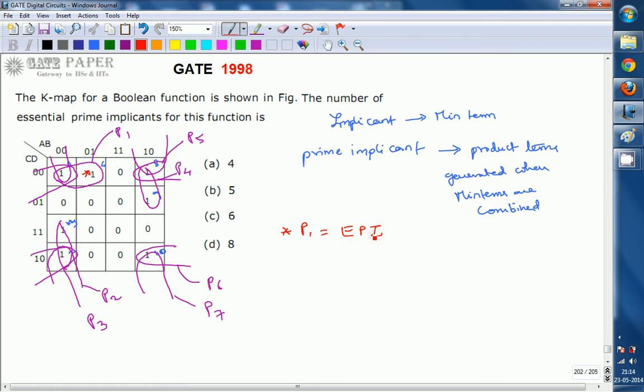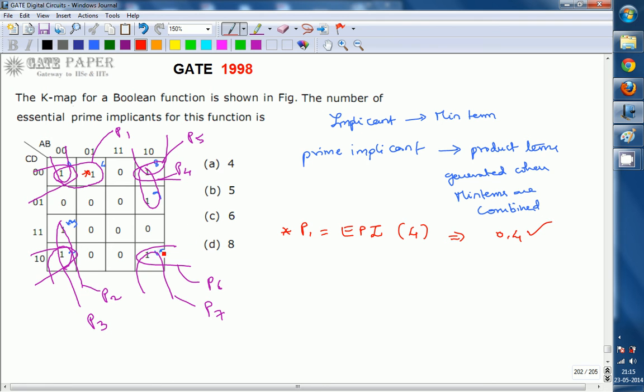Minterm 4 is unique to this product term p1 and cannot be covered by any other prime implicant, so it is essential. When you take it, minterms 0 and 4 are covered, so there is no need to cover the zeroth cell separately.